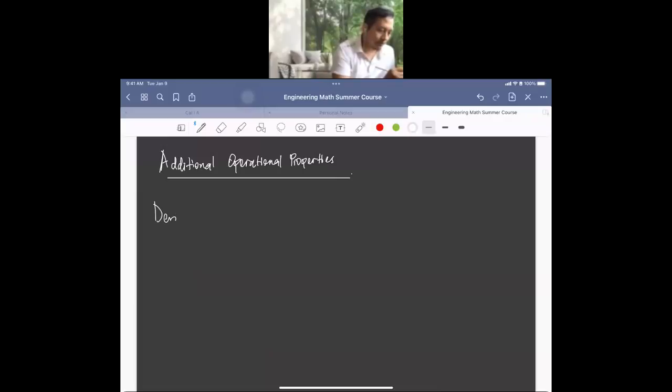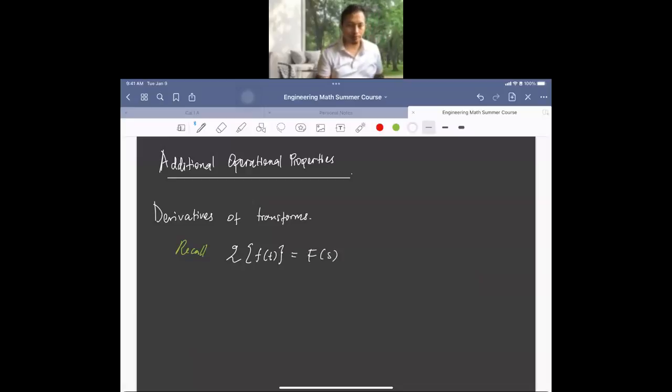Okay, the first one, we'll have derivatives of transform. Remember, recall that the Laplace of a function of t is a capital F of s, right?